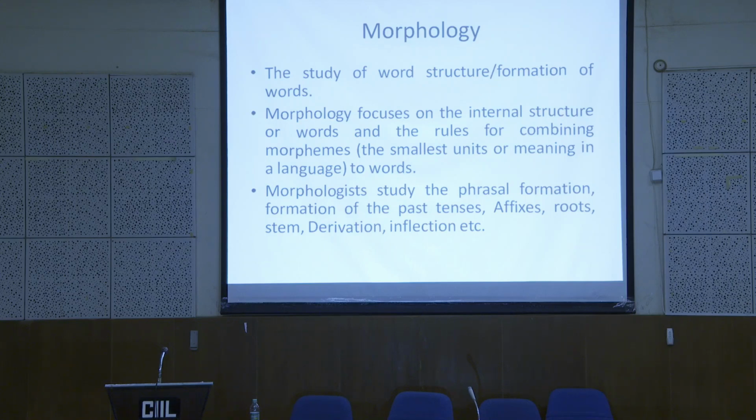So you know that basically a translator should be well versed in the source language as well as the target language. If you don't know the structures of the target language, it is not possible for you to translate.